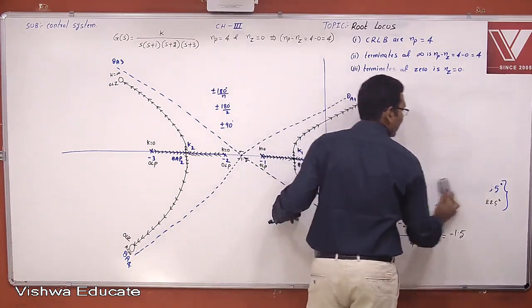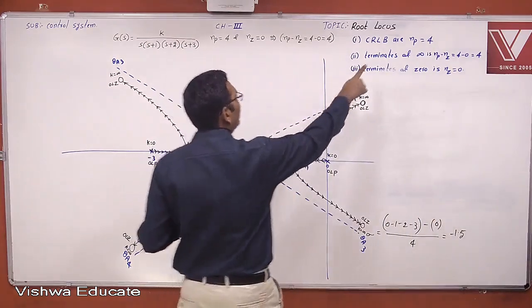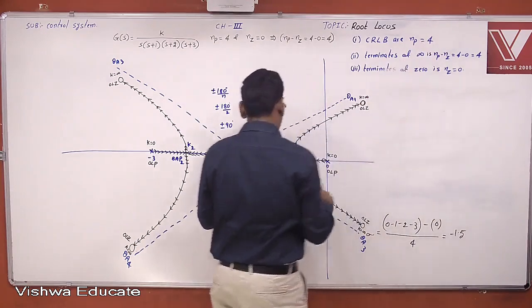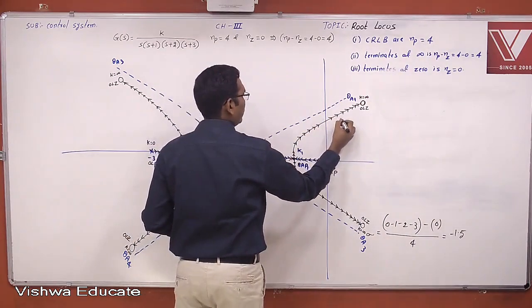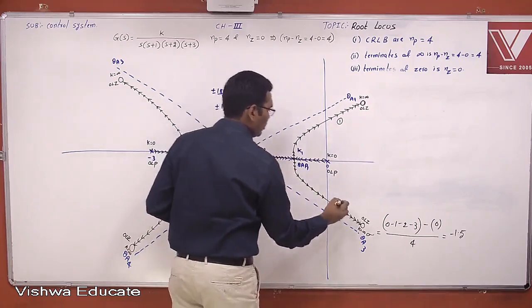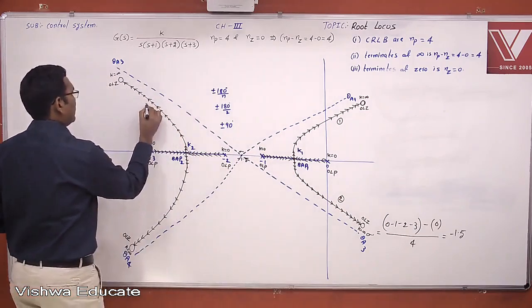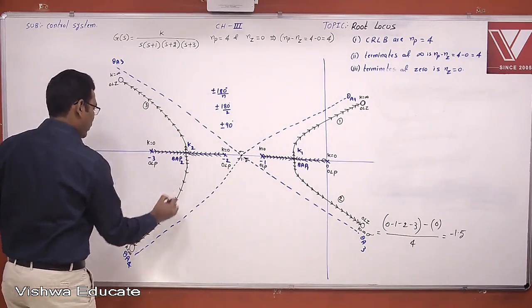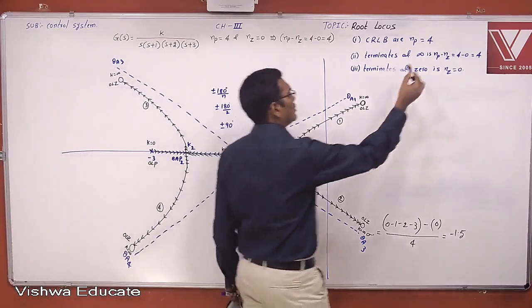Without drawing the diagram also, we can check. How many complete root locus branches are there? 4. But how many are in the problem? Starts at poles, ends at 0: 1, 2, 3, 4. So the complete root locus branches are 4.